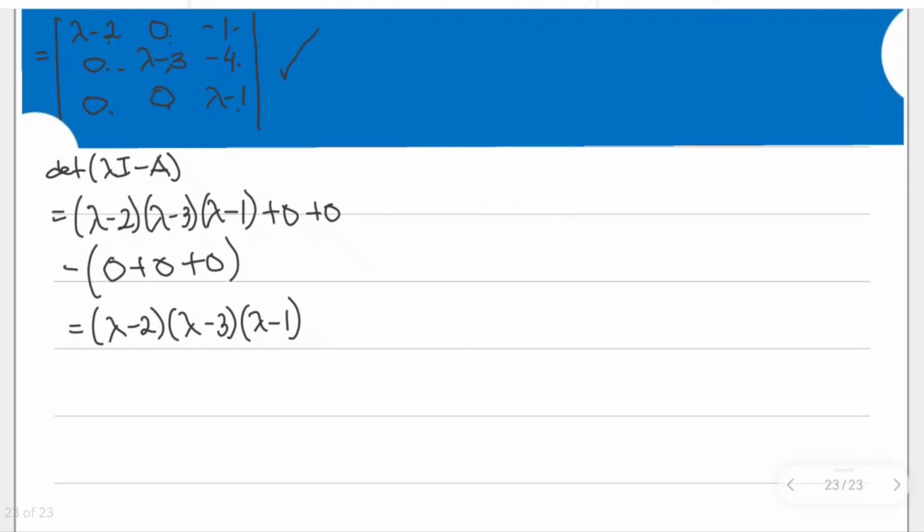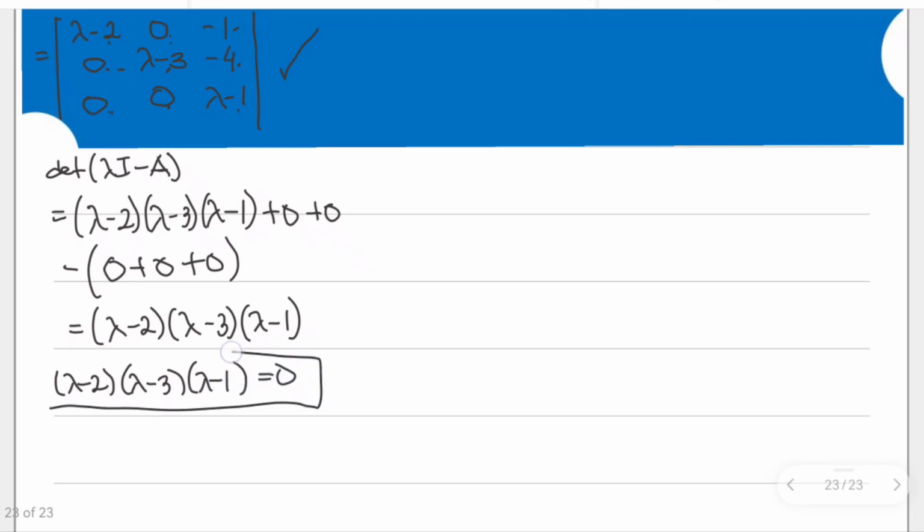And when we equate this entire expression to 0, this is now your characteristic equation, which will be used in solving for the values of lambda, which correspond to our eigenvalues of the first matrix A.